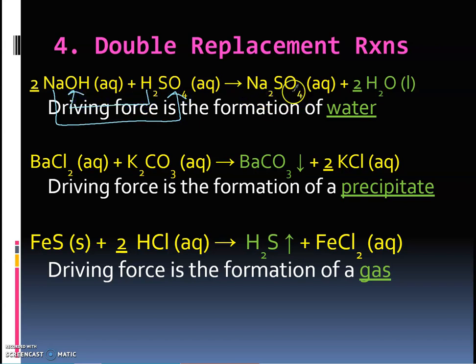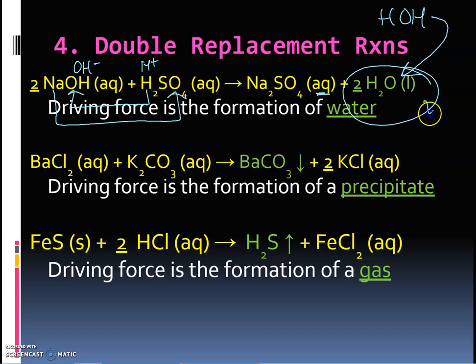So Na2SO4, look it up on my solubility table, it's aqueous, and H plus and OH minus makes HOH, and HOH is the same thing as water. So I made water, and it's a successful reaction.